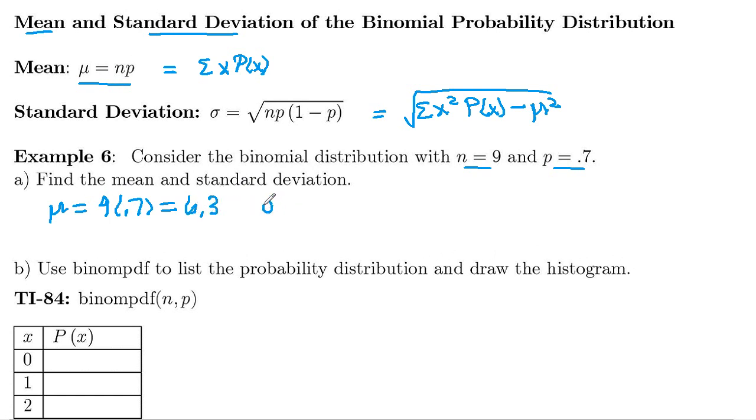Your standard deviation, your spread for that distribution, is going to be the square root of n, which is 9, times p, 0.7, times 1 minus 0.7, 0.3. And if you plug this into the calculator, you get 1.37 to 2 decimal places. So this is approximately 1.37.